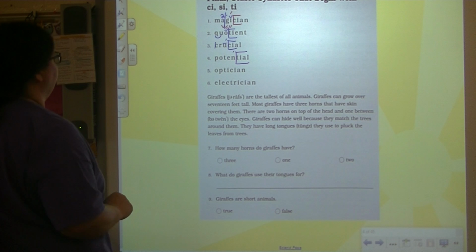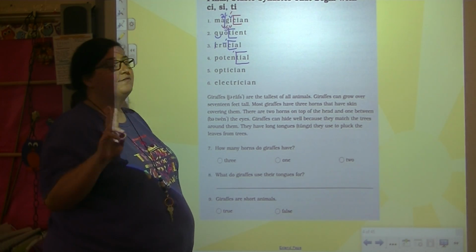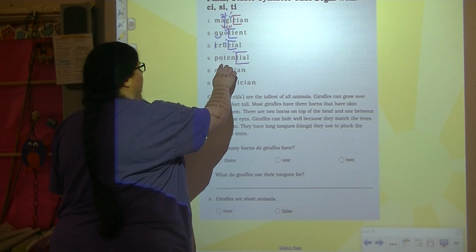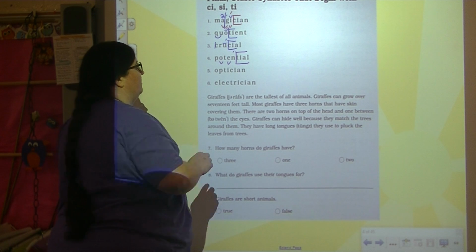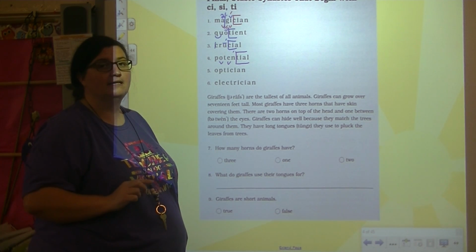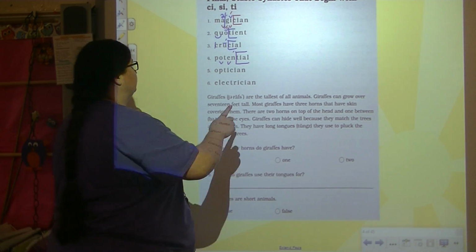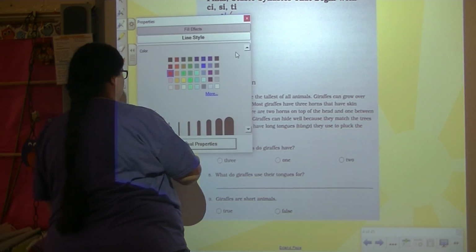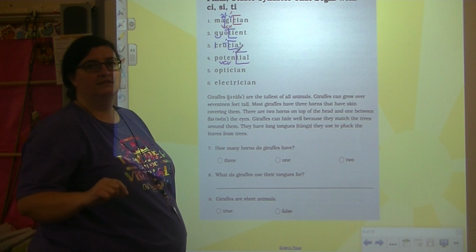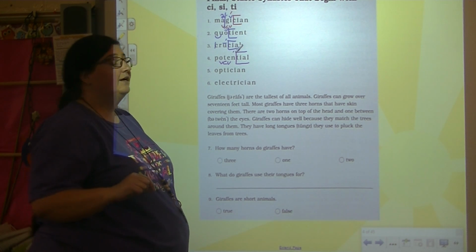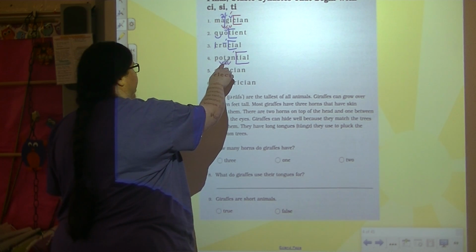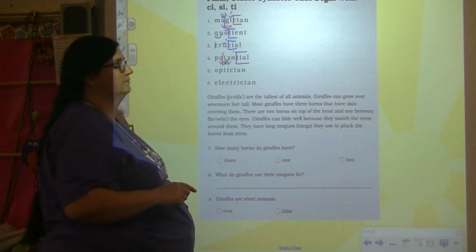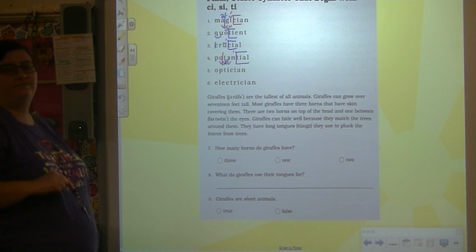Now what do you see? 2 vowels. In between them we have how many consonants? 1. So we have VCV pattern. Where do we divide? After the vowel.